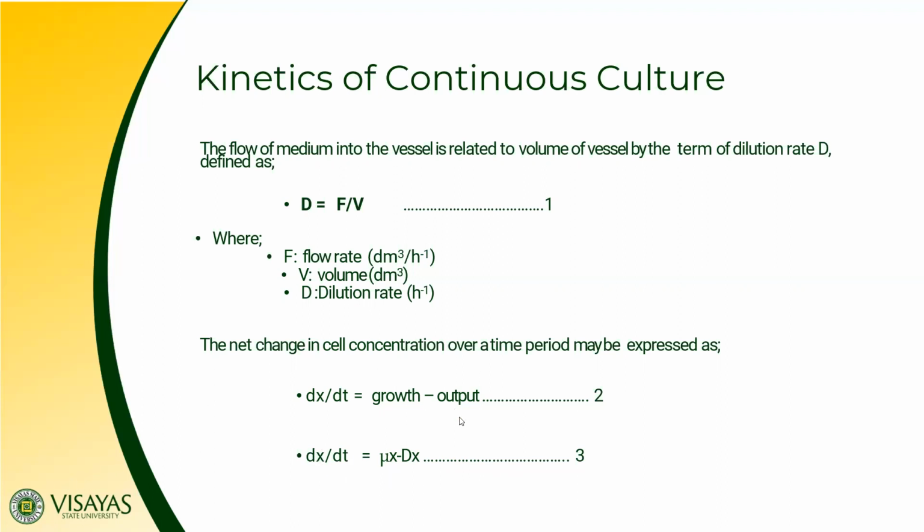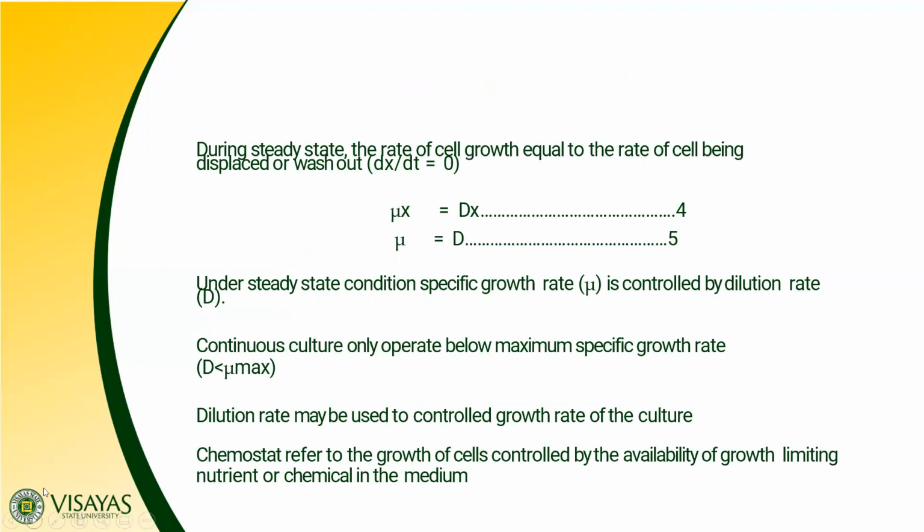So growth is represented by the specific growth rate, mu, times the cell concentration, and the output is represented by the dilution rate, D, times the cell concentration. Okay, during the steady state, the rate of cell growth is equal to the rate of cells being displaced or washed out, right?